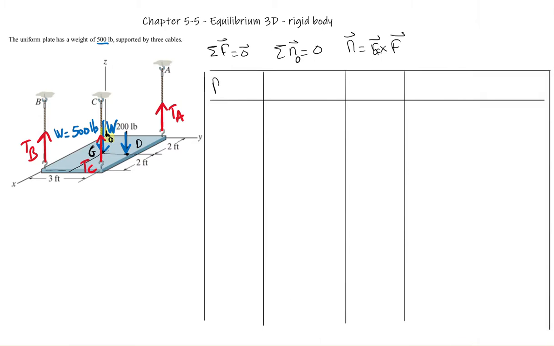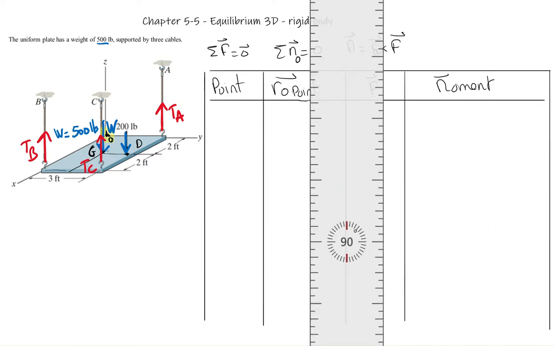We need to consider every point where there is a force on it. So we will consider the points B, C, A, G, and D. That's 5, so we need to cut this table into 5.